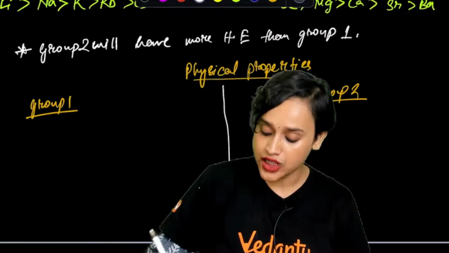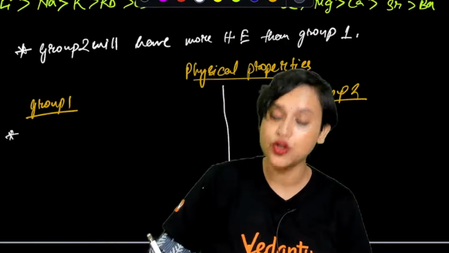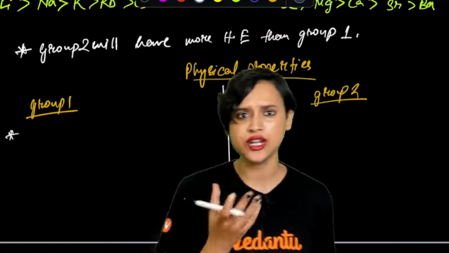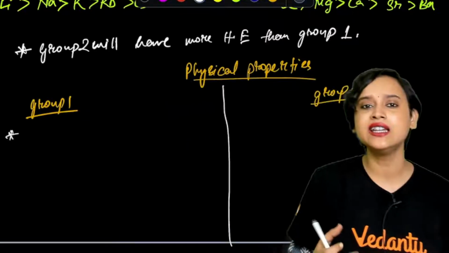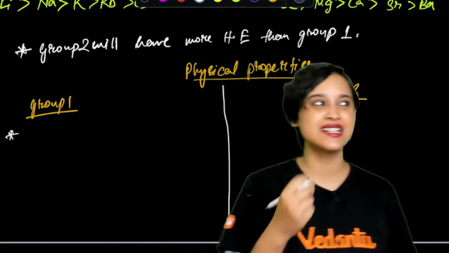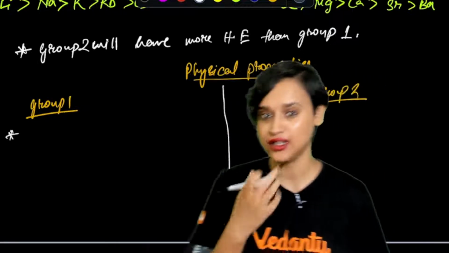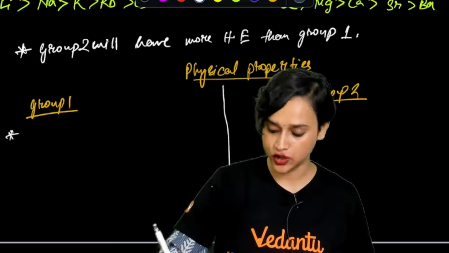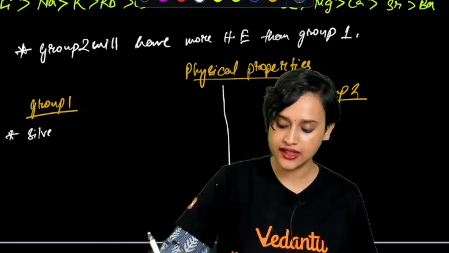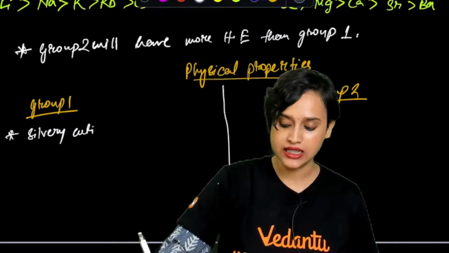So we have just seen group 1 elements. Do you know how they look? Have you ever seen sodium? If you haven't seen, sodium actually has a silvery white color. So let's write it here. Silvery white color.